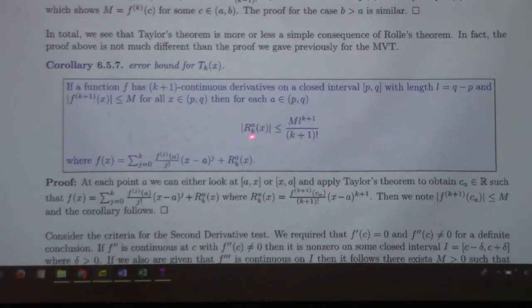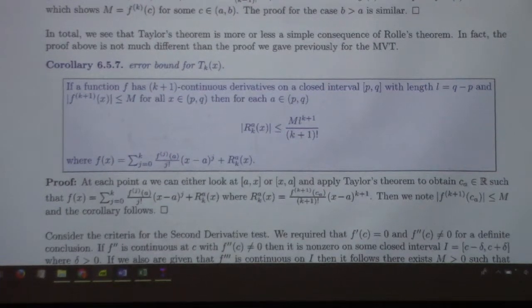It's how far the Taylor series differs in some sense from the function, if I take the function minus the kth Taylor polynomial. We'd like that to go to 0, if the function is matching the Taylor series. As we take the number of terms in the Taylor series to go to infinity, we'd like that to match the function.